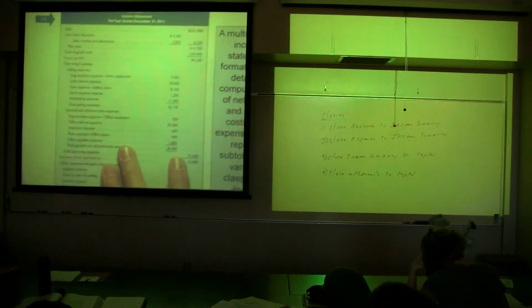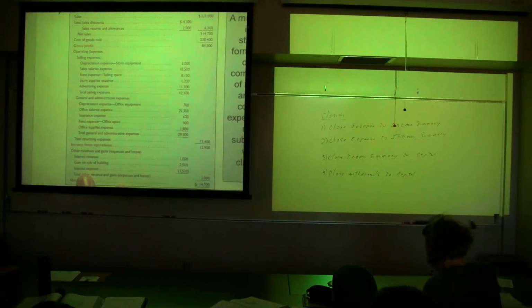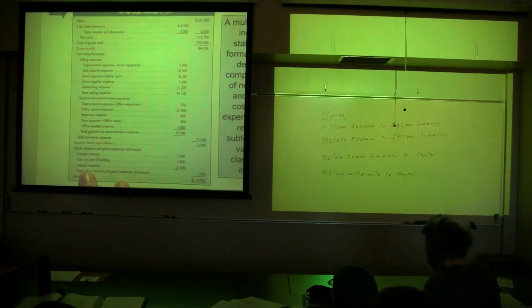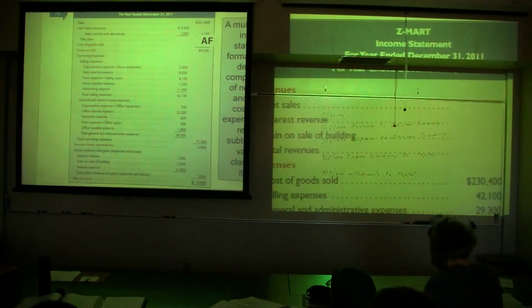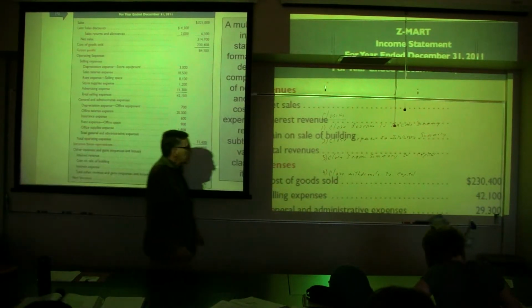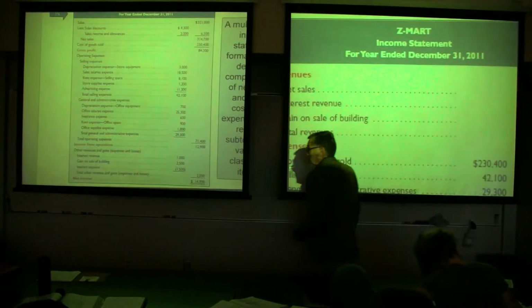These categories help you to understand how the business is doing much better than the single step. All right. Now, you'll end up with the same net income. All that's different is the format, and the format will enable you to understand how the business is doing.